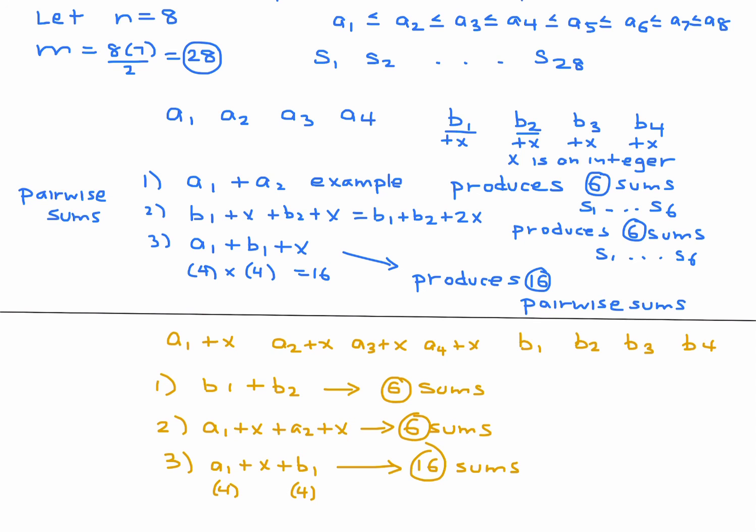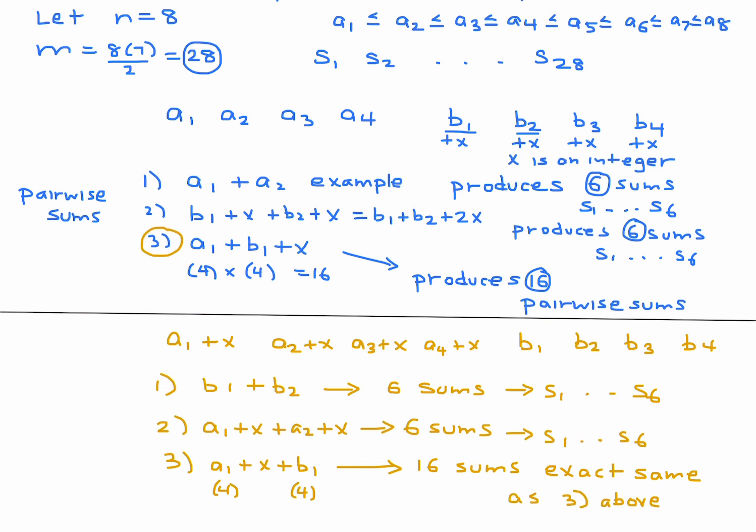So as before, 6, 6, and 16, that's 28. And those sums will be the same because these sums are just S1 until S6. This is also S1 until S6. And these will be the exact same as 3 above. So this is what I mean by 3 above.